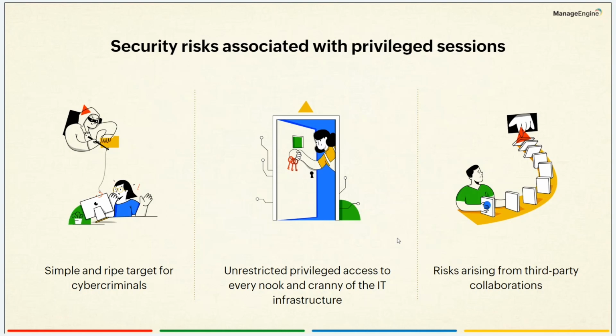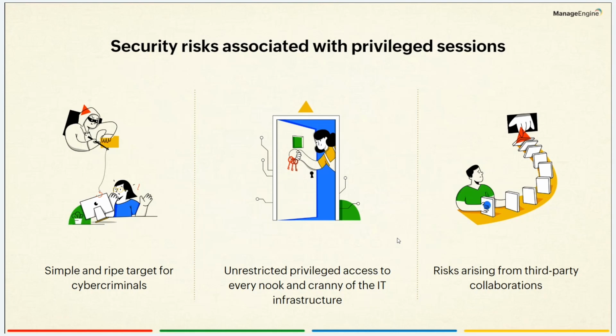As you can see around this image, firstly, remote connections have become an easy target for bad actors, where they can easily log the credentials entered by the remote user or even intercept the traffic with man-in-the-middle attacks. Secondly, excessive privilege. That's a big issue that we're facing these days.